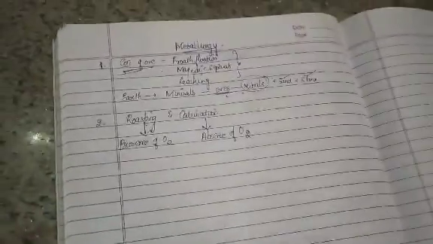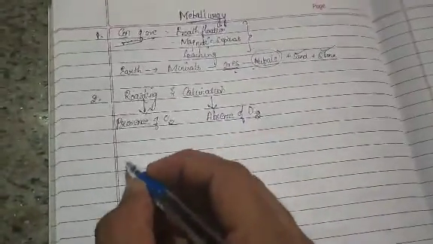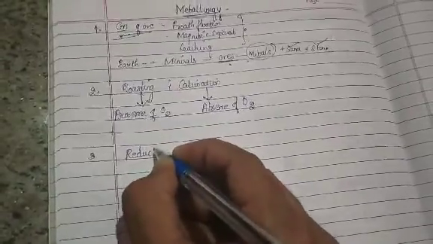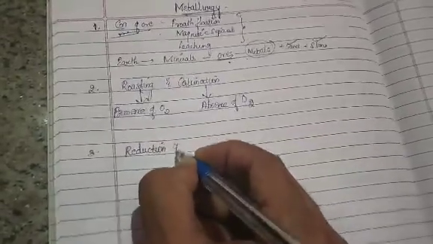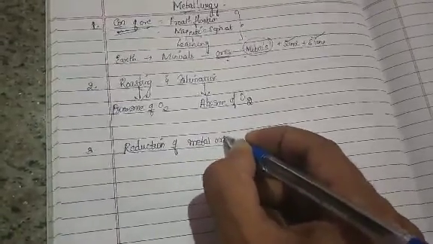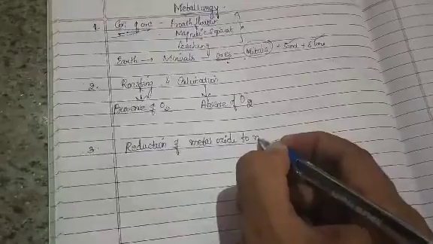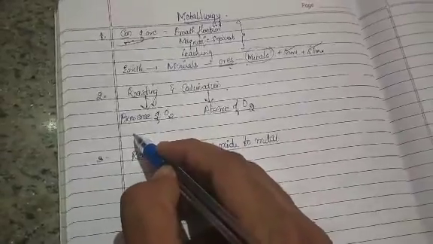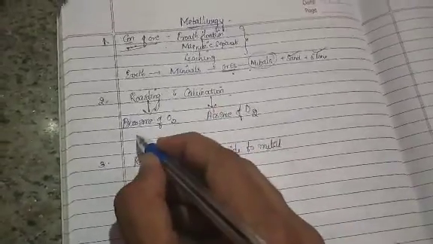But in today's video, the most important thing we are going to choose is the reduction of the metal oxide to metal. That means what? In both roasting and calcination, we were getting the respective oxide.